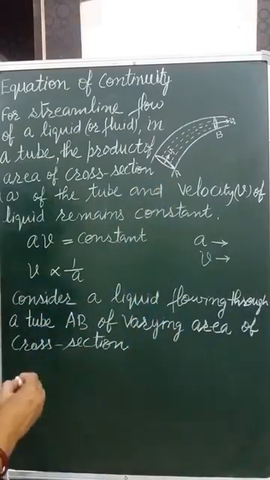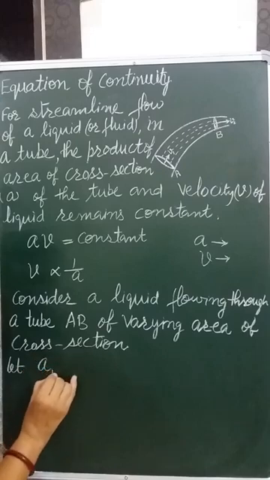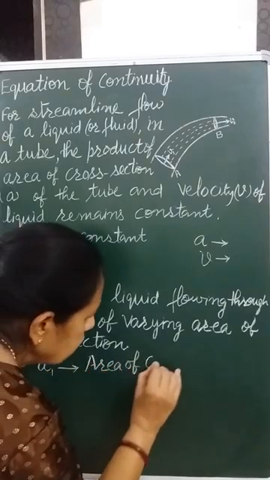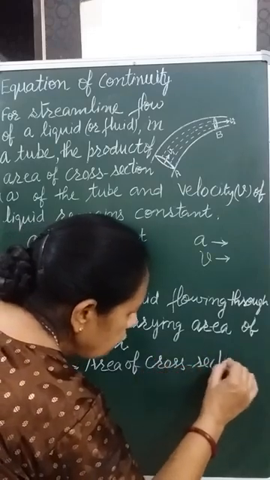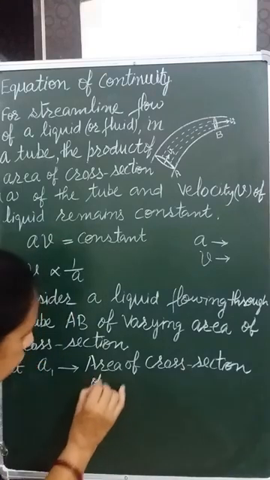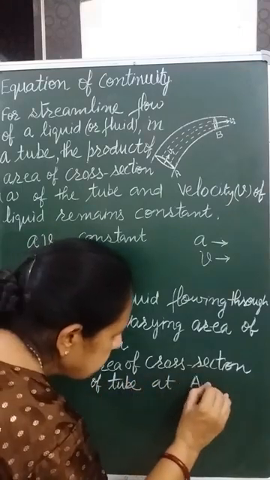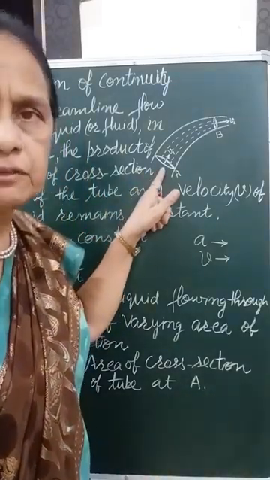Well, let us say that A1 is the area of cross section of the tube at point A, and let us say that here the velocity of the liquid is V1.